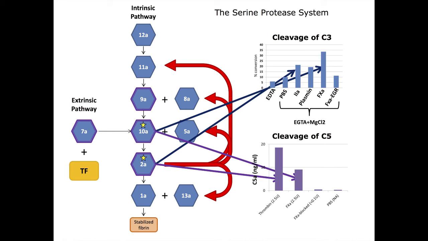And similarly, these four proteins also cleave C5, and if you cleave C5, you get your C5a, which is a very powerful inflammatory molecule, and you start the terminal complement system. And this shows the effect of these in cleaving both C3 and C5.